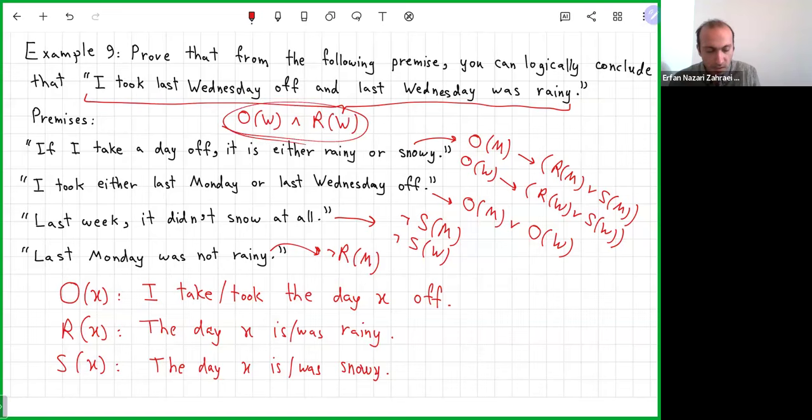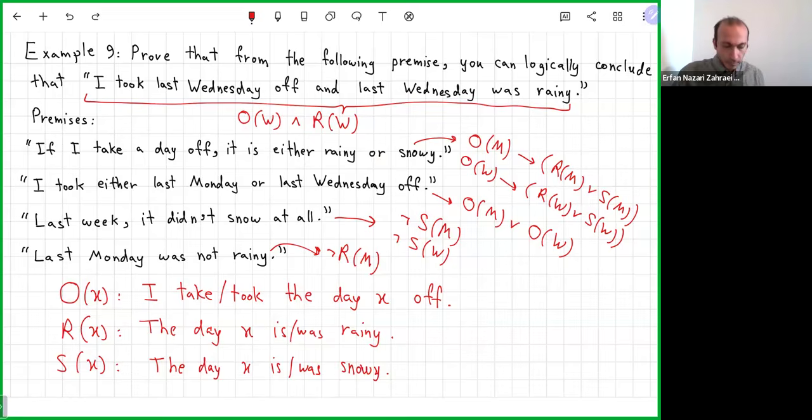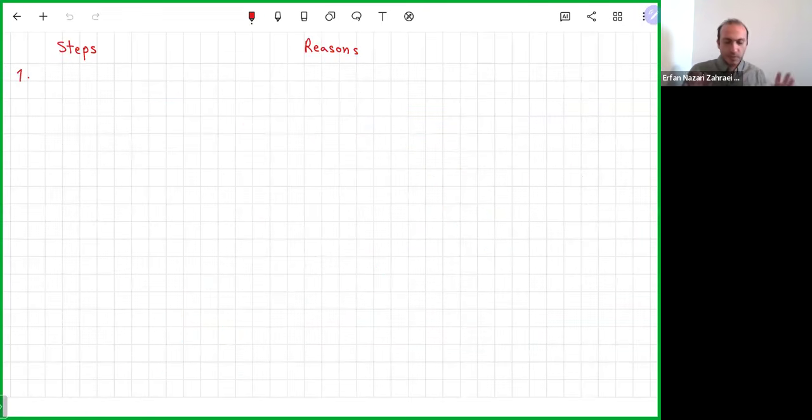I want to prove this. Using these assumptions, I want to conclude this. Let me write down a proof for it. So steps, reasons. I write a step-by-step proof. It's up to you. If you want, you can explain in English and explain your reasoning rather than just writing a step-by-step proof.